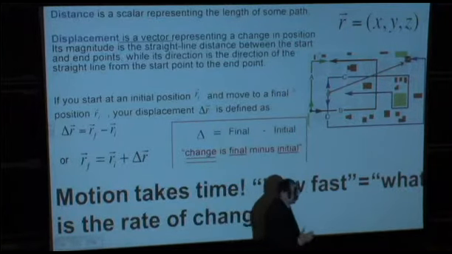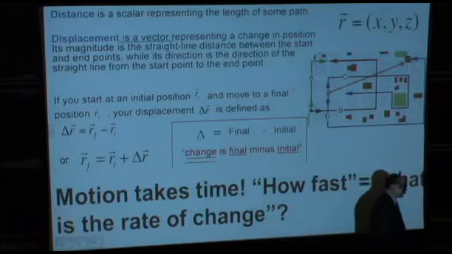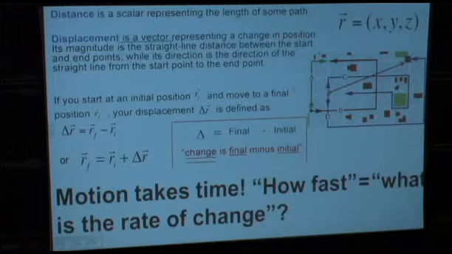Well, if it's a temperature changing, to figure out how fast does it change, we should calculate the rate of change of temperature. If we're losing money and we want to know how fast, we should calculate the rate of change of losing money. So how fast always means the rate of change of whatever changes.